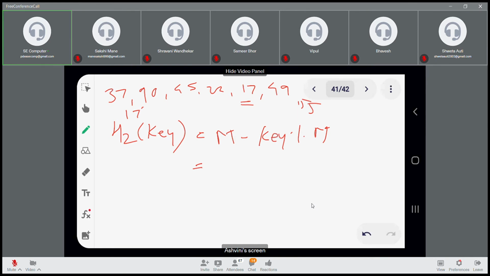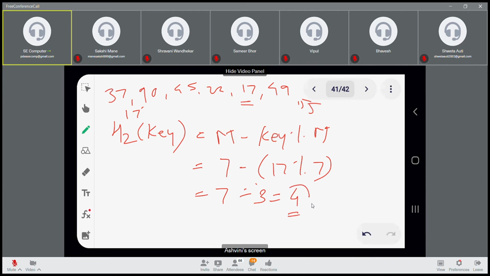A prime number smaller than the size of the table. Now your table size is 10, so the prime number less than 10 is 7. So 7 minus 17 mod 7. 17 mod 7 is 3, so your value is 4.